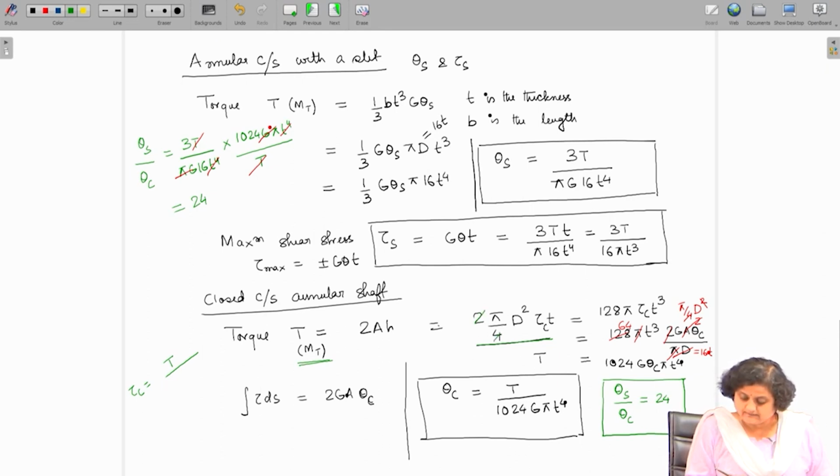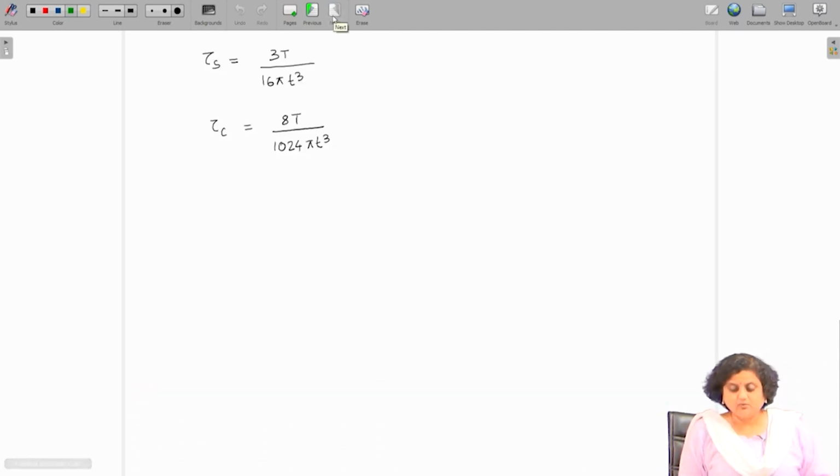So, we will have pi into 1024, it's into 128 by t cube. That is what we have got.